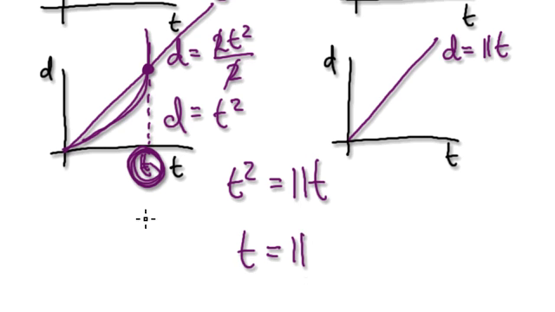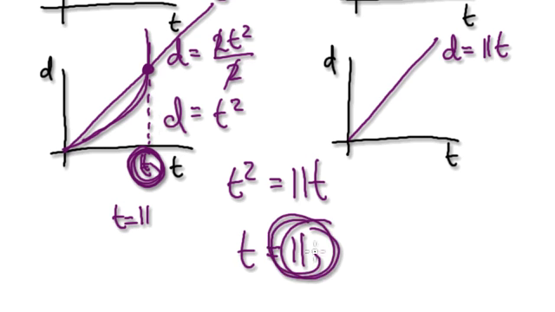After 11 seconds, the two cars will cover the same distance. Don't forget, you've only discovered t, but the question is in terms of distance. So after 11 seconds, the two cars will meet up.